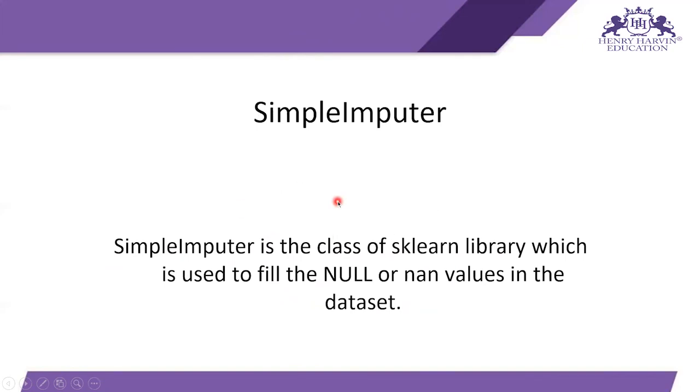So in this coding session, I'm going to tell you how you can use this SimpleImputer class to fill those null values, whether they are categorical, float, integer, or boolean, in your dataset.